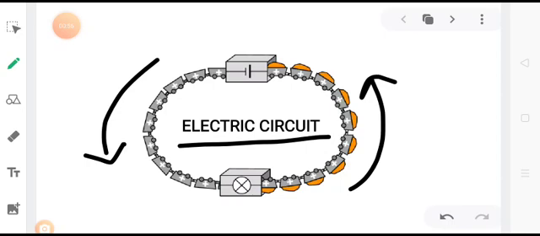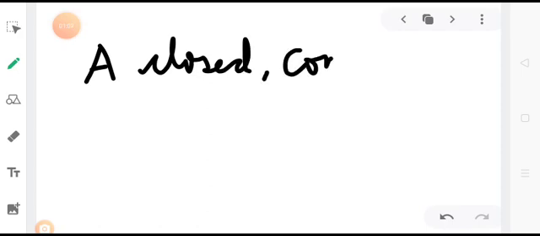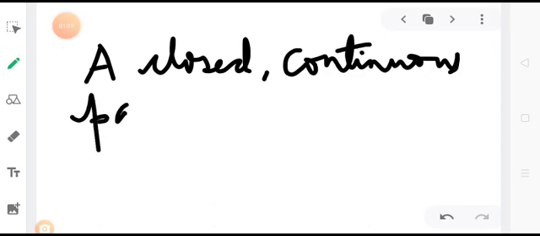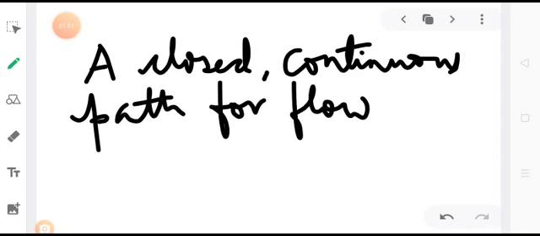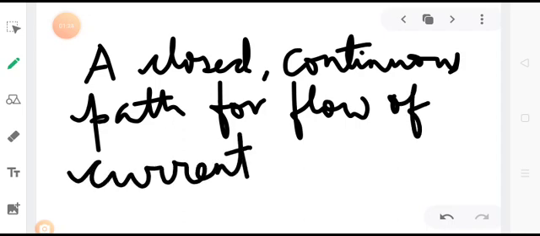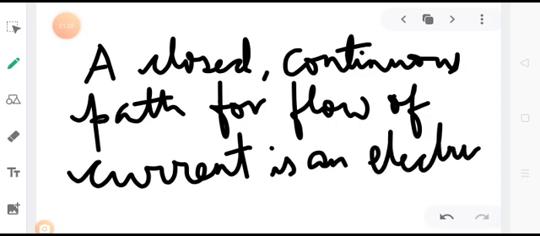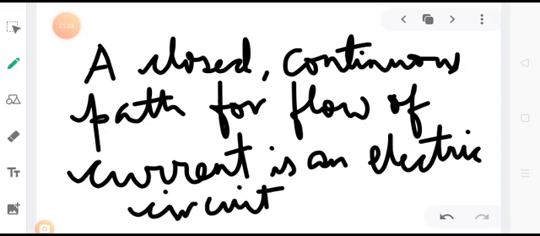Now, let's define an electric circuit. A closed continuous path for flow of current is an electric circuit.